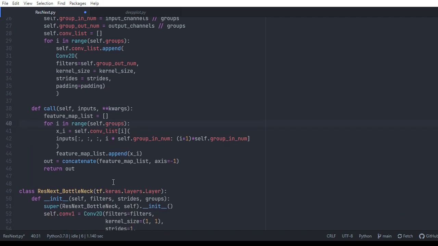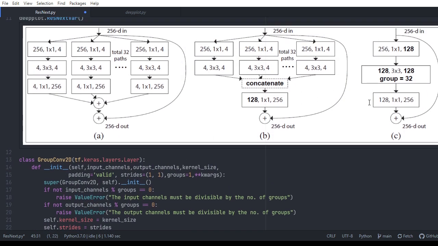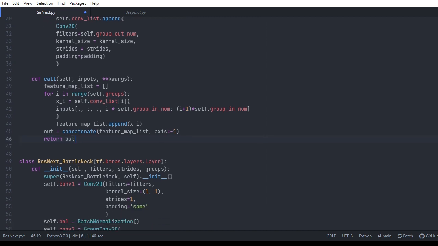So in that scenario, we'll be splitting the inputs so that they can be passed through each convolution stacked depth-wise. Then the output will be concatenated. As we'll see here, the groupings will be concatenated before it's returned back to the calling variable.